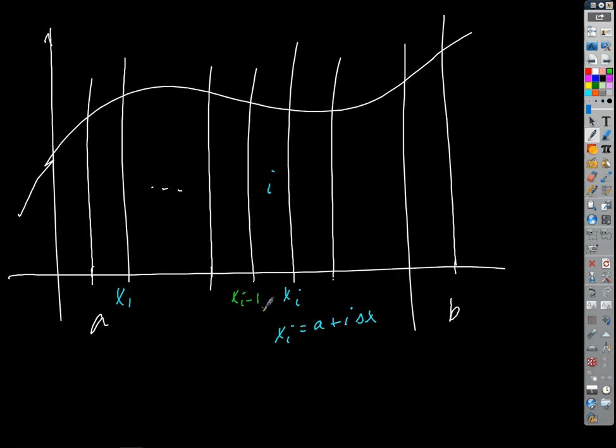The height at this point is going to be f of x sub i minus 1. This point right here is at x sub i, f of x sub i, okay?